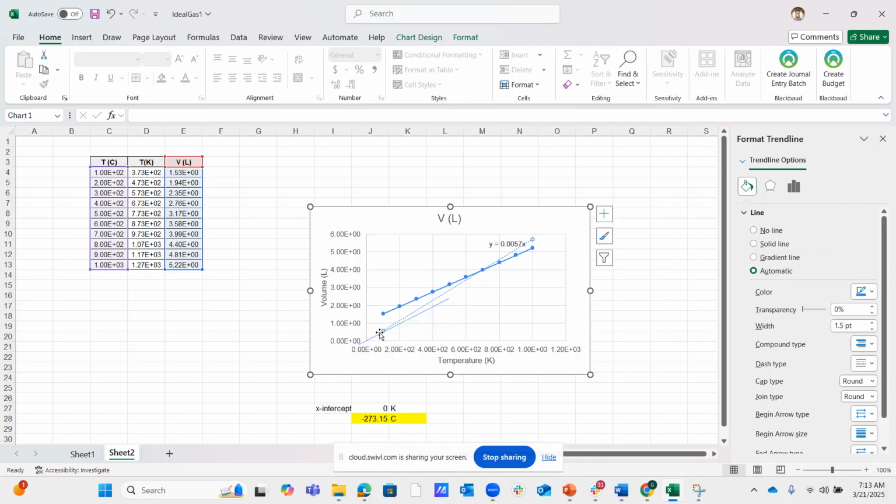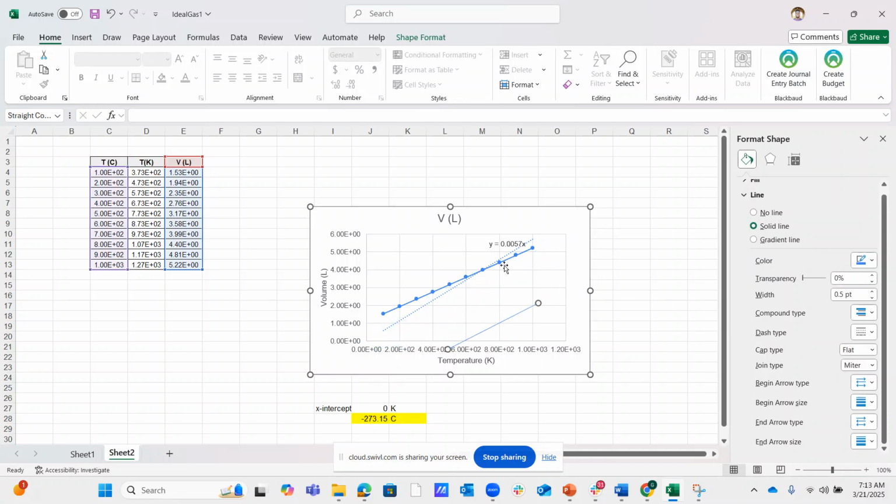Now the only problem with that is because we're using the Celsius scale, I'm going to show you guys something right now. If I try to follow this line and get a straight line for my intercept, let's try and adjust it. Look, now you can see that my intercept is going to be outside of this graph.